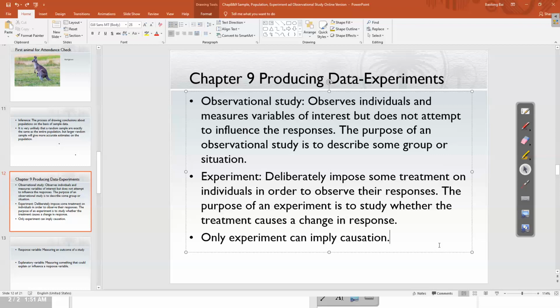But if you design a good experiment, then it can give you causation from just one study. So, for example, if you want to design a study for smoking and lung cancer, what you can do is screen some people who are of a similar age and similar health condition, with similar working environments, and they're all clear of family history for cancers.